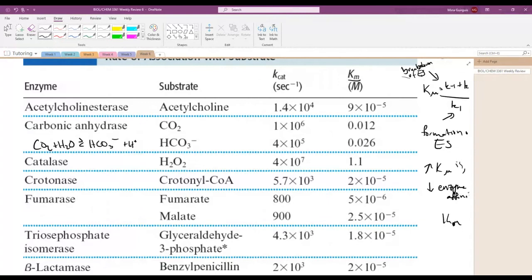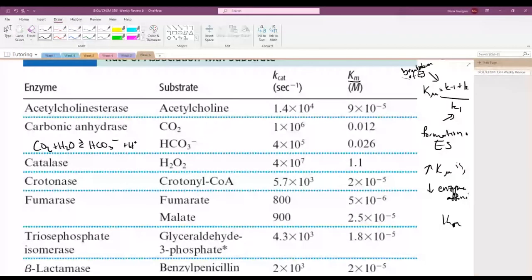Okay. So according to Km, for which of carbonic anhydrase's substrates does it have a higher affinity? For CO2 or for bicarbonate? CO2, exactly right.